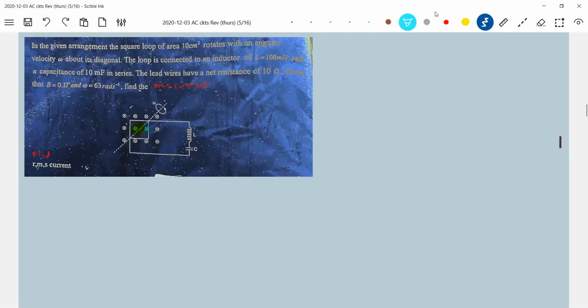Green color only. This blue only will take it. This is that square loop. I'll indicate it. Okay, now come on, think on it.